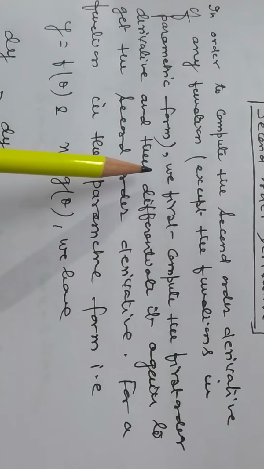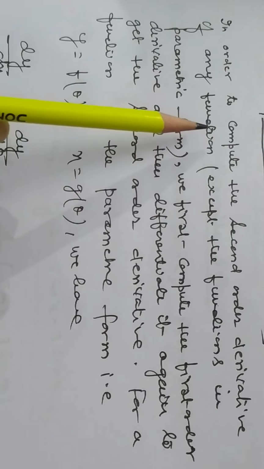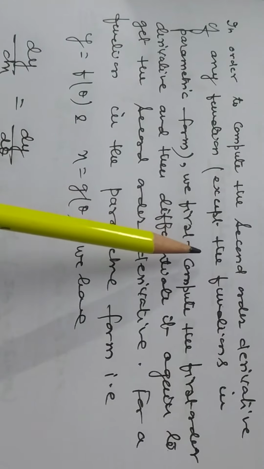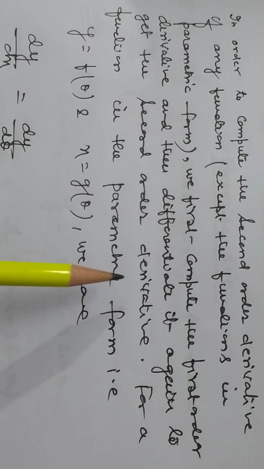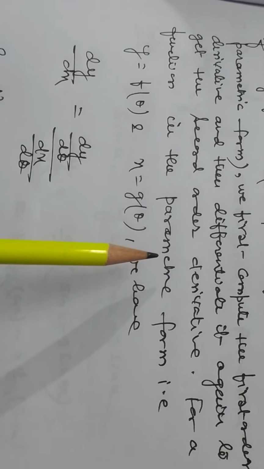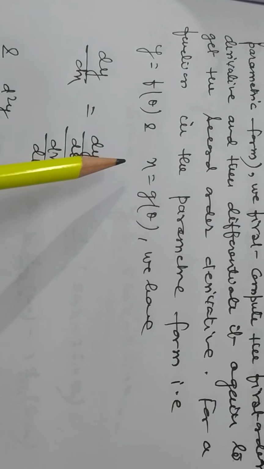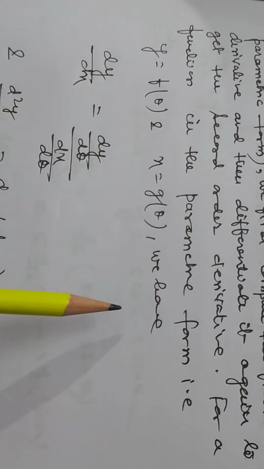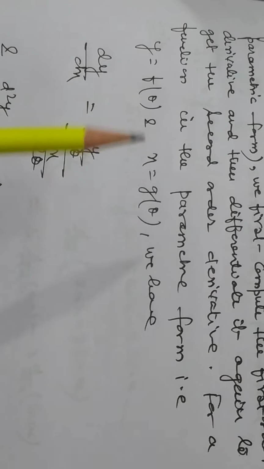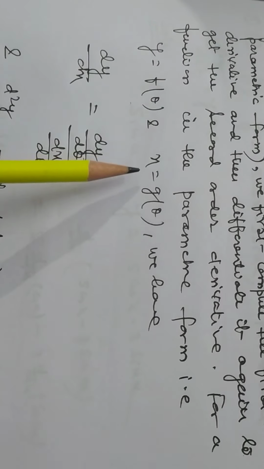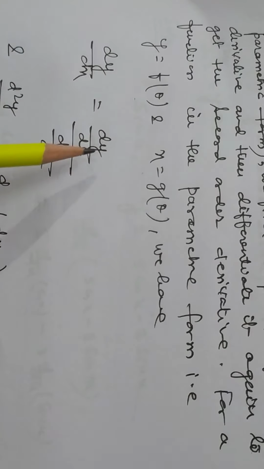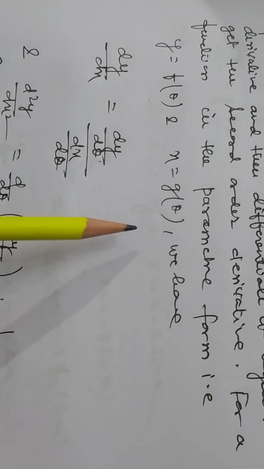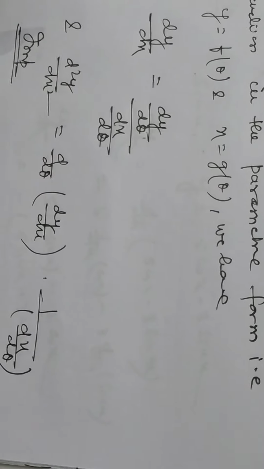Now the most important part of this second order derivative is, if y and x both are functions in parametric form, then how will you differentiate it? How will you find the second order derivative? y is equal to f(theta) and x is equal to g(theta). Therefore, dy by dx is equal to dy by d theta divided by dx by d theta.